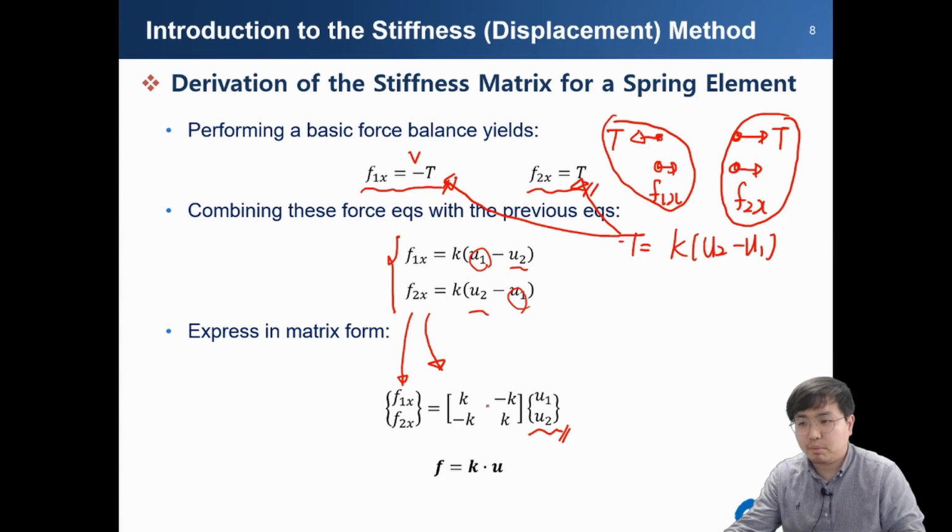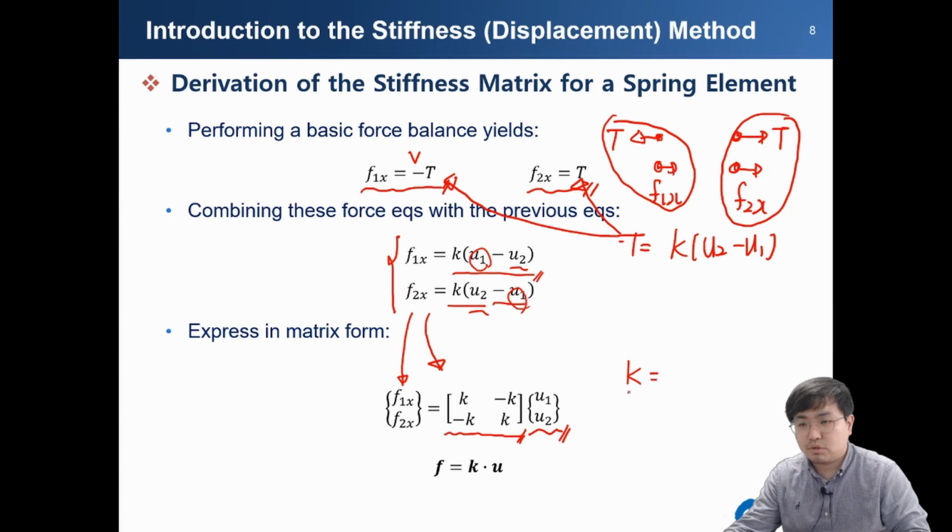The remaining part is K U1 minus K U2, which is the same as the first equation, and then minus K U1 and plus K U2 here, so finally we can obtain those kinds of equations.